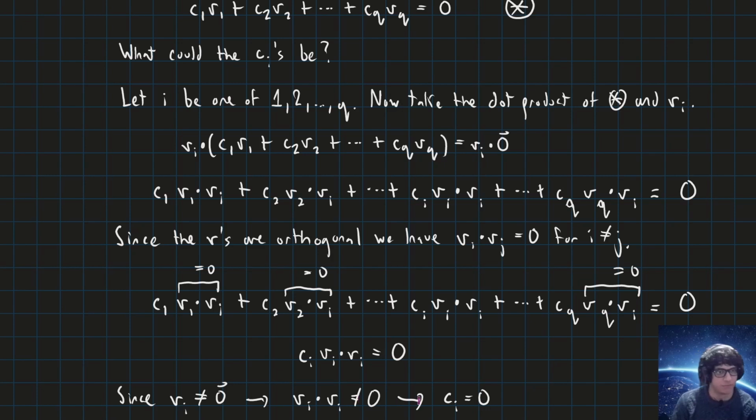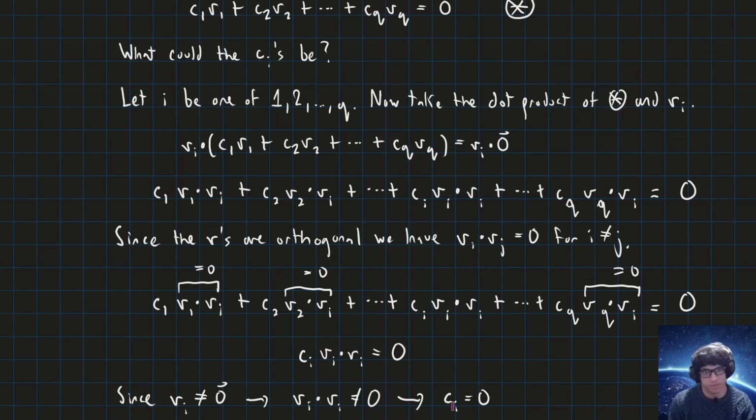So that forces ci to be the number 0, right? Because this is an equation of real numbers. I have ci times a non-zero number equal to 0. That forces ci to be 0 in this case. If it was ci times 10 equals 0, well, then you know ci has to be 0, right?